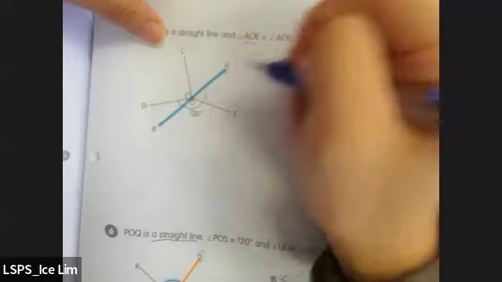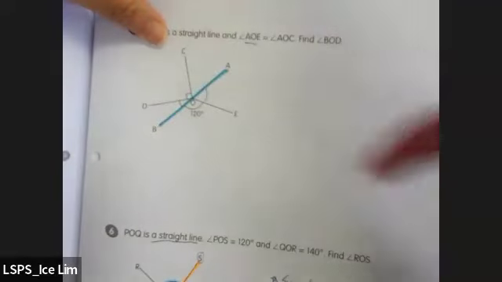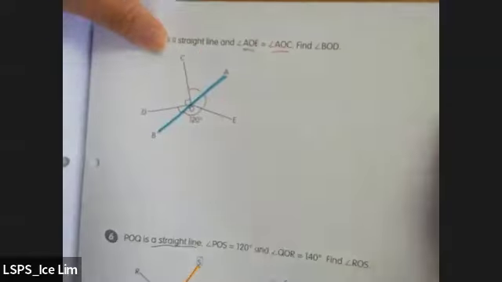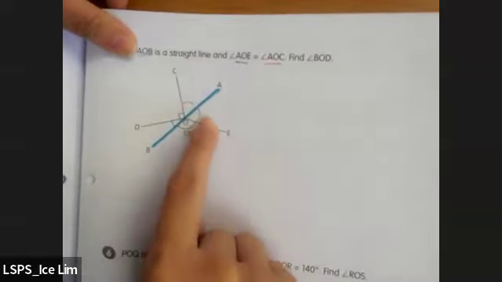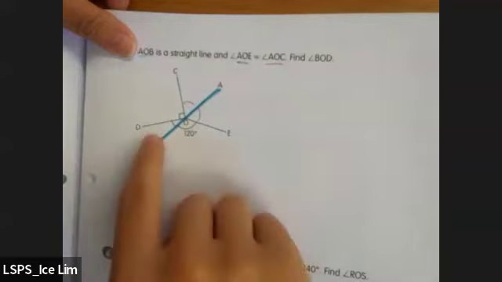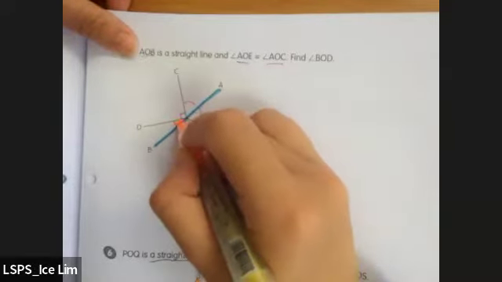AOE is here, and then AOC is here. So these two angles are the same. Now you're tasked to find BOD, which is this one here.